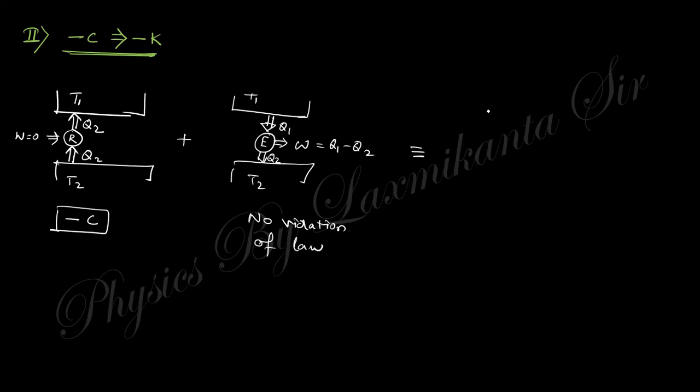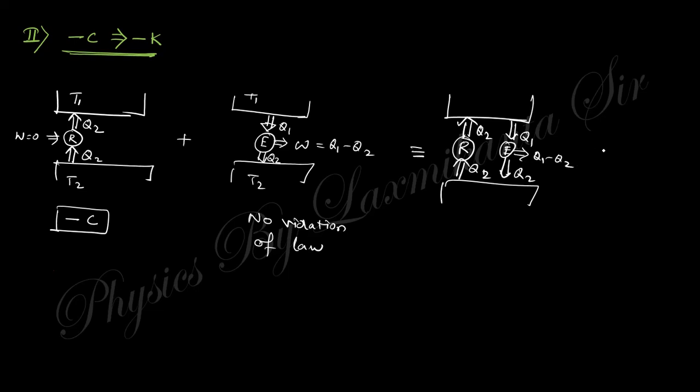But if you combine these two, what happens? You can see here the refrigerator Q2, and the engine takes Q1, rejects Q2, and does Q1 minus Q2.